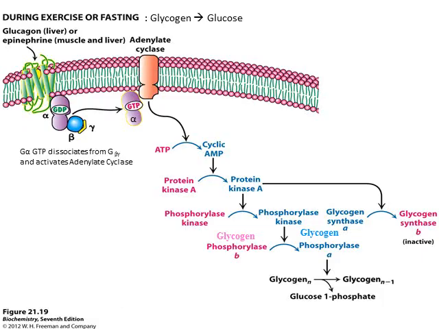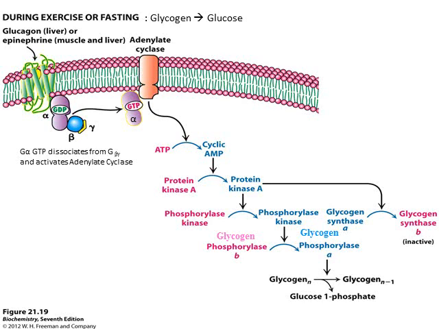During exercise or when you're fasting, the glycogen in your body must be broken into glucose. So 2 hormones come to your mind, the glucagon and the epinephrine. These hormones control the glycogen metabolism by binding to a G protein coupled receptor and activating the adenylate cyclase enzyme.